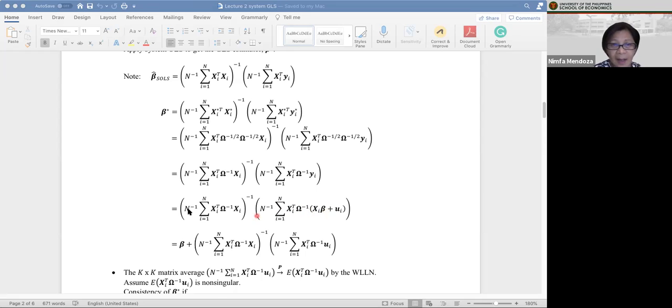You have n inverse here and then you have the inverse here, so you just get n. So that would cancel out, and this expression multiplied by this expression would give you beta. And the second term you're left with is this multiplied by n to the minus 1/2 times the summation of X sub i transpose omega inverse times U sub i.